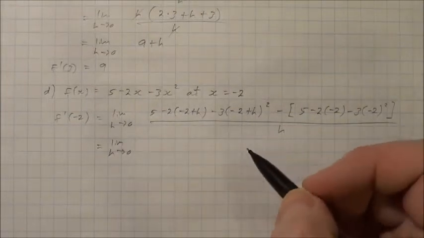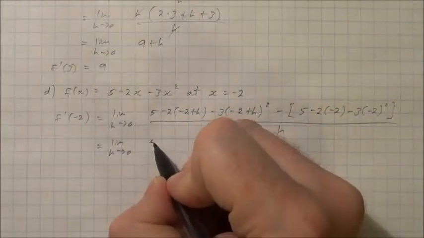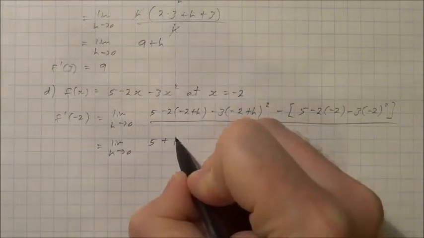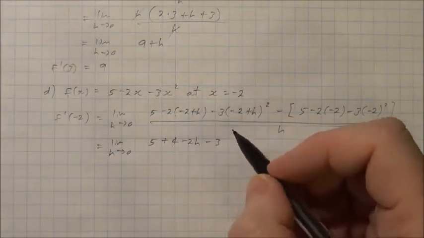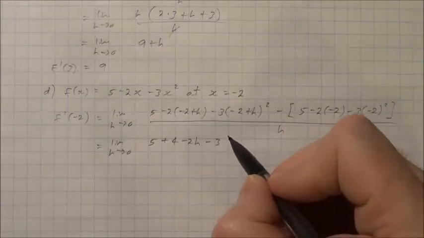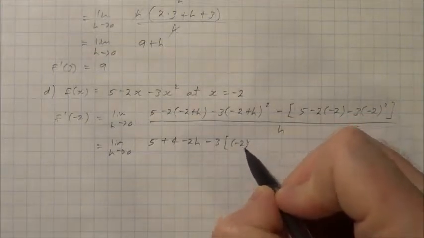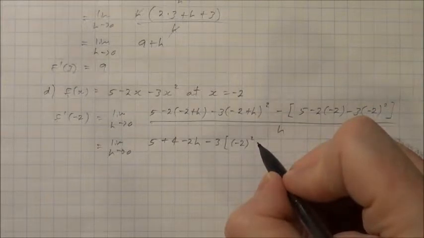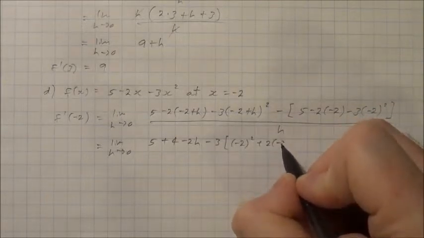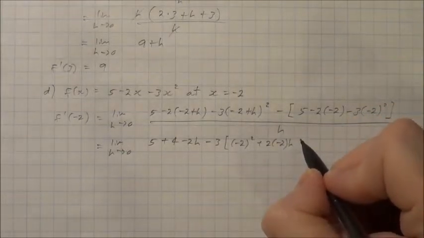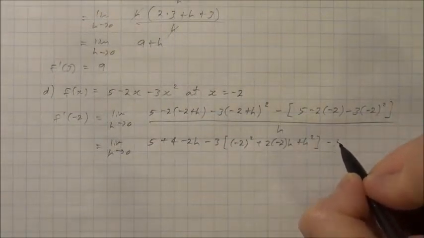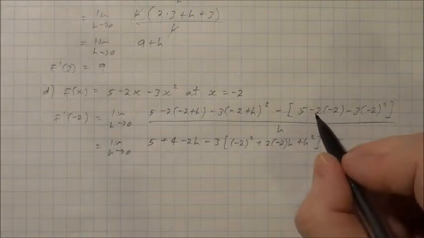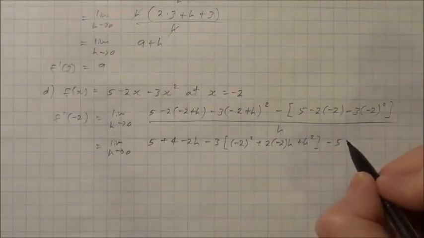Now we'll do some expansion. 5 plus 4 minus 2h minus 3 times negative 2 squared plus 2 times negative 2h plus h squared minus 5. Here's plus 4.